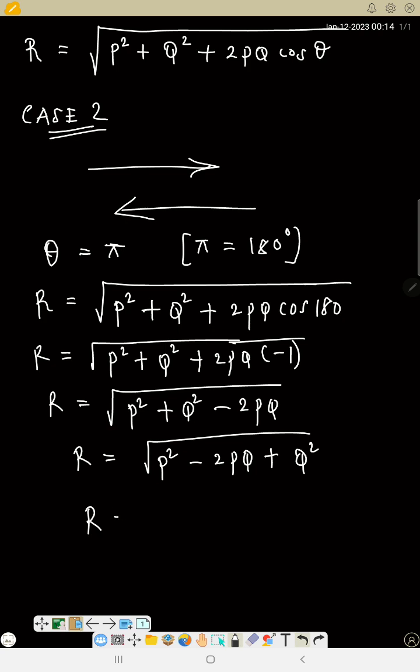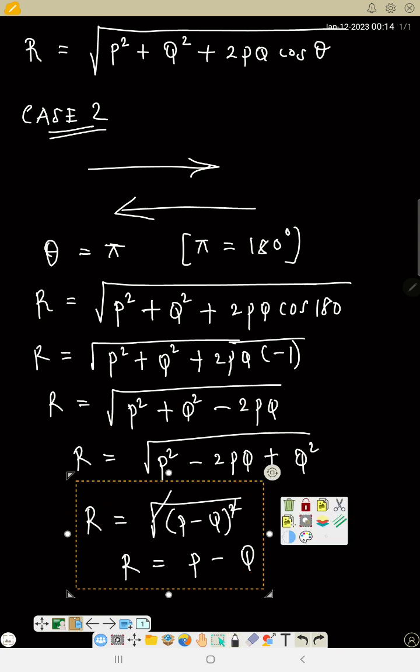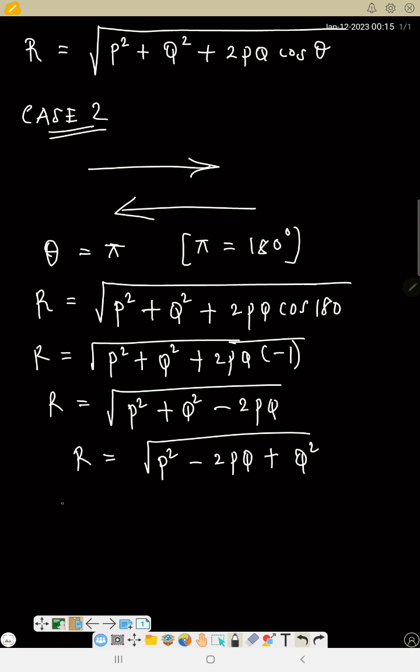If we solve this in a similar way by proving that quadratic, then we'll get p minus q square, so that the root will cancel out. So r will be equal to p minus q. If we solve this completely using the quadratic equation, we should not skip that since we are trying to show it. So r is equal to square root of p square minus pq minus pq plus q square.